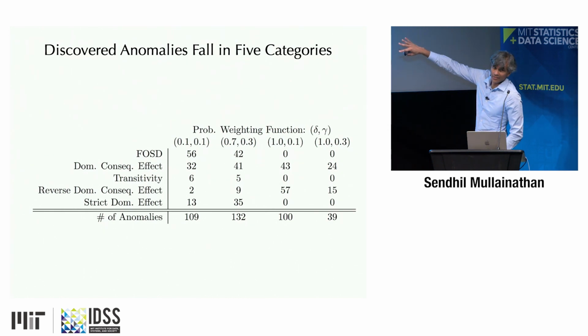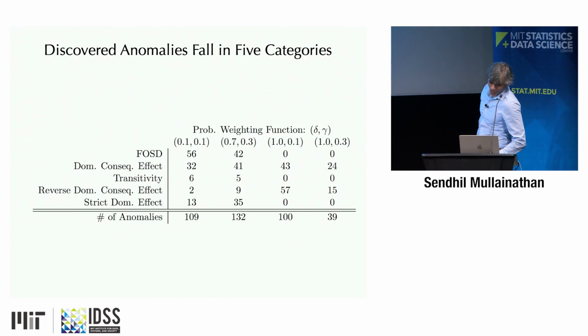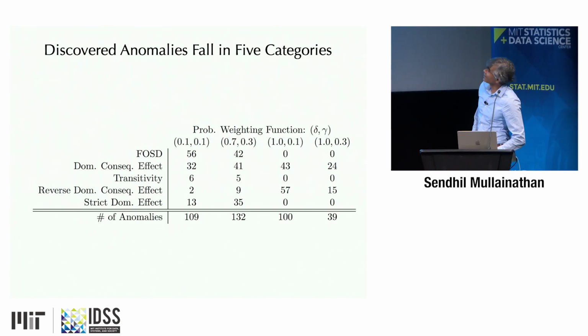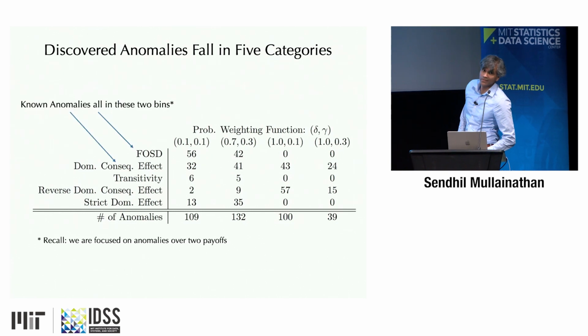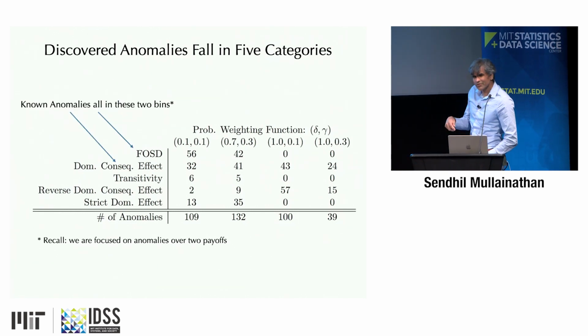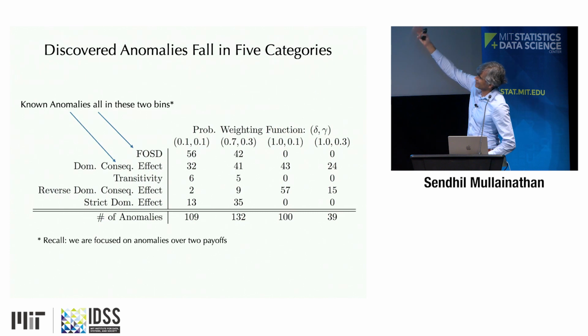We've made up these 5 categories. And it finds a lot of anomalies. But what's striking is all the known anomalies in the literature actually just fall into these 2 bins. And so it's just like with Faces, it has an interesting property. It rediscovers the known anomalies that scientists have kind of built up over time. But it finds a whole host of new ones.